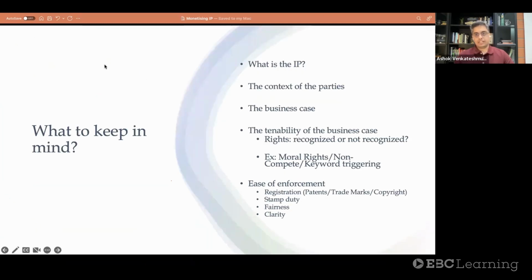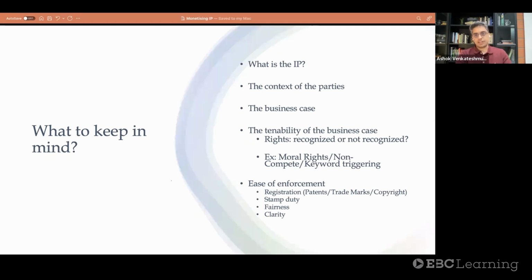Okay. Now, coming to the very specific case at hand, right? Which is IP contracts. Okay. So what we have to first ask ourselves, now we have understood the basic principles of what we need to keep in mind while putting together an agreement.